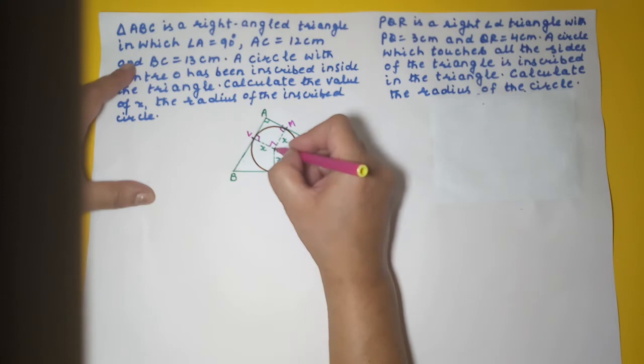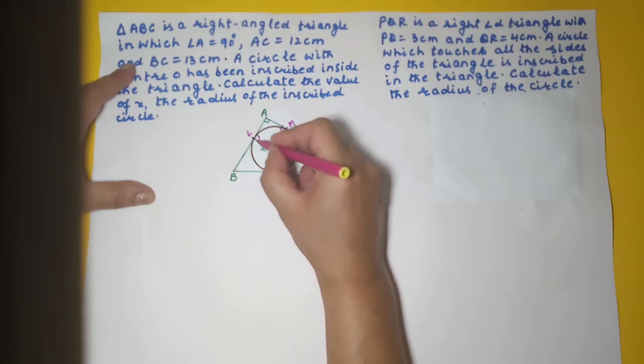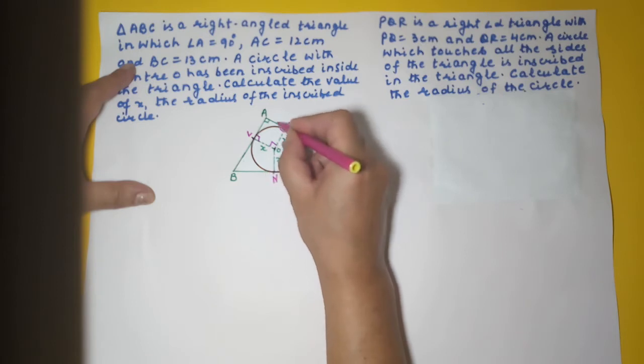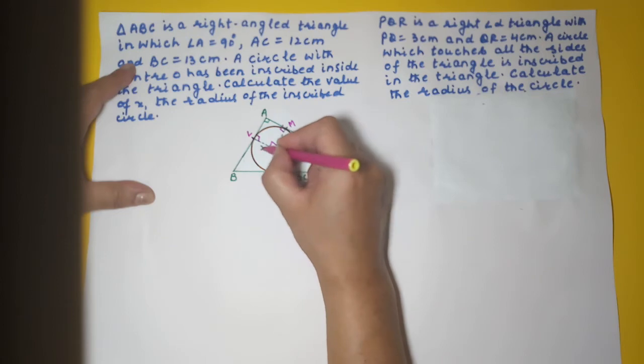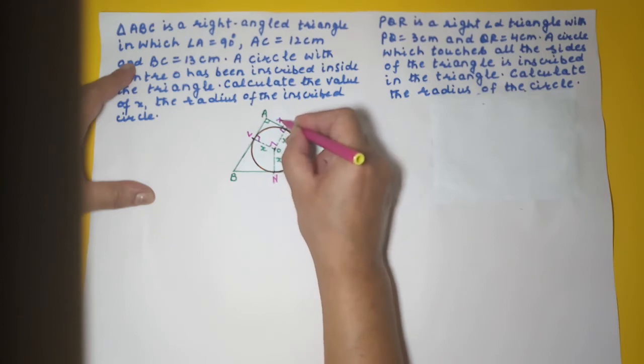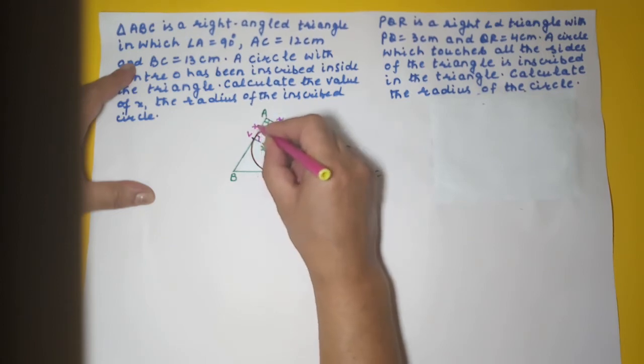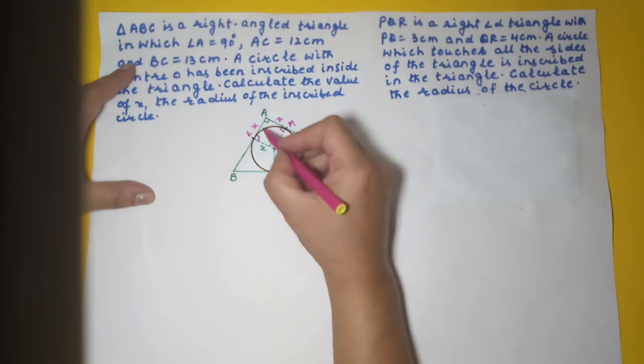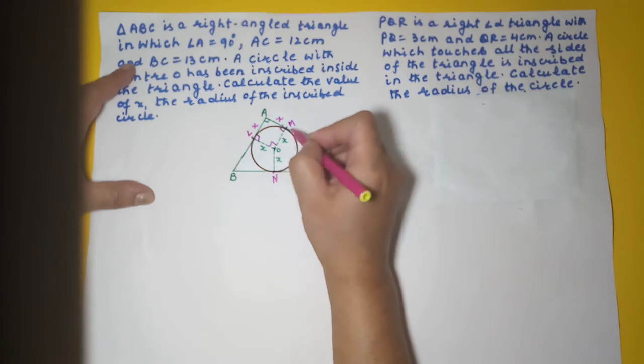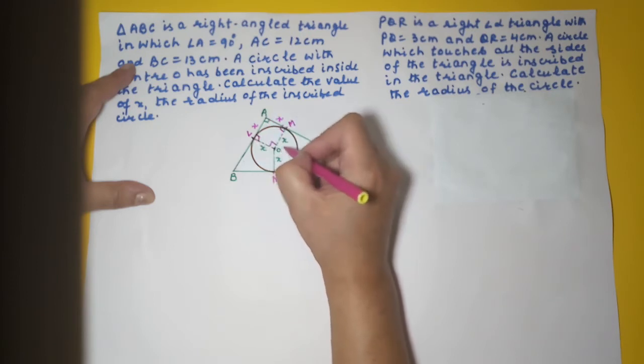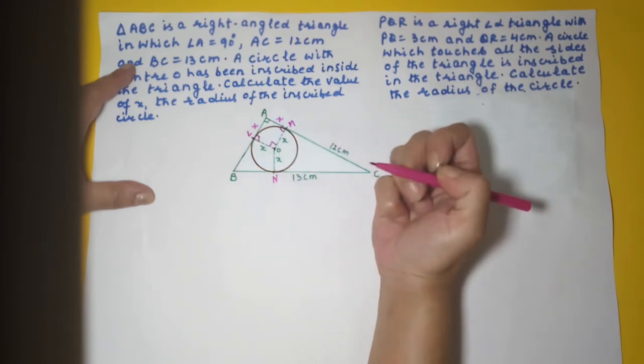Now he's saying that this side is the radius of the circle, this is x, this is also x. So if all the angles are 90, two sides, length and breadth becomes x, then all the sides will be x. So it becomes a square, right? So all the four sides of ALOM, this becomes a square, right?